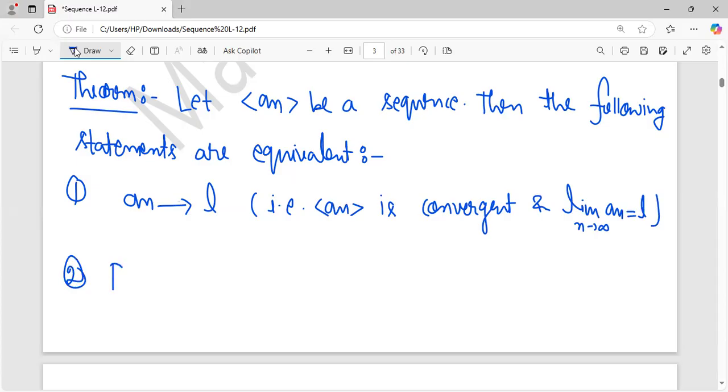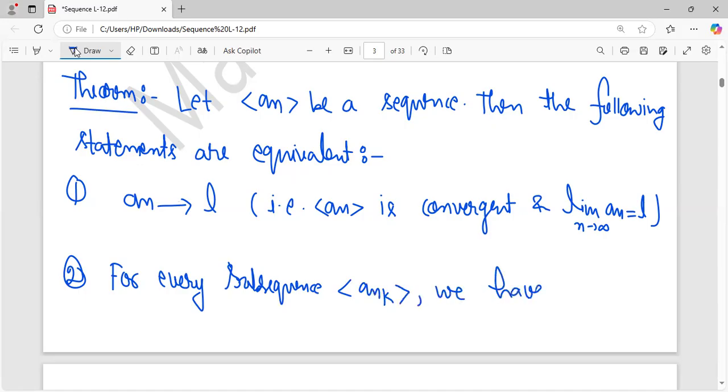Second, for every subsequence a_{n_k}, we have a_{n_k} tends to L. It means every subsequence is convergent, with the same meaning.